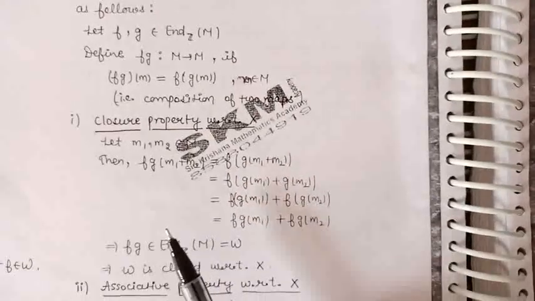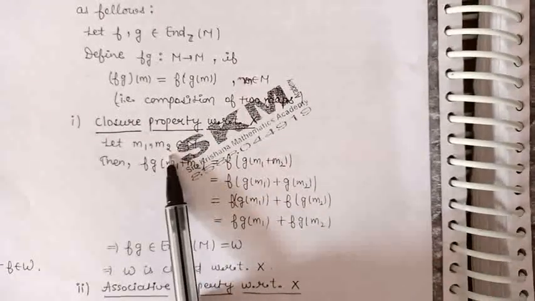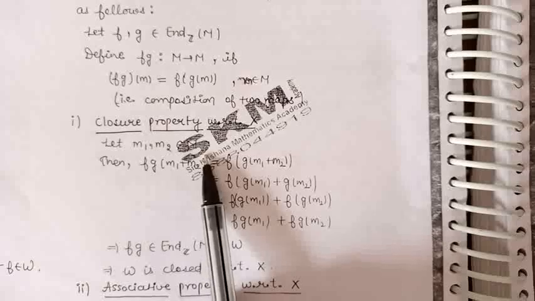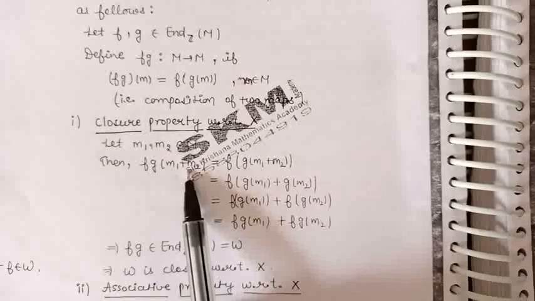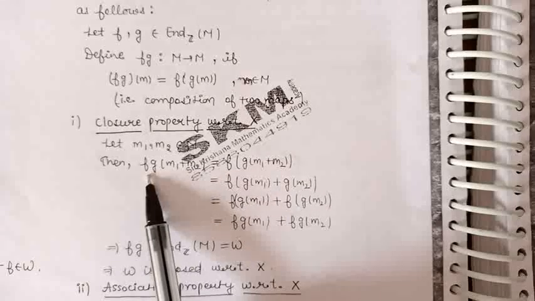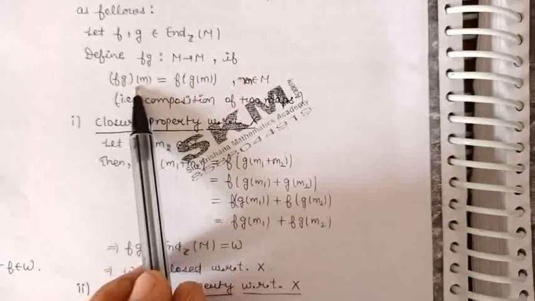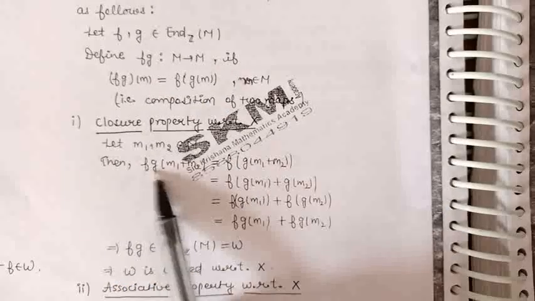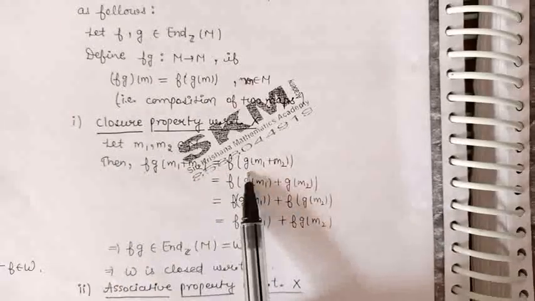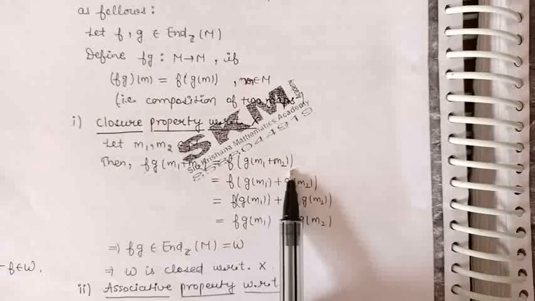So let us take two elements M1 and M2 belonging to M. Now let us find the image of M1 plus M2 under the mapping FG. By definition of this mapping, this can be written as F of G of M1 plus M2.